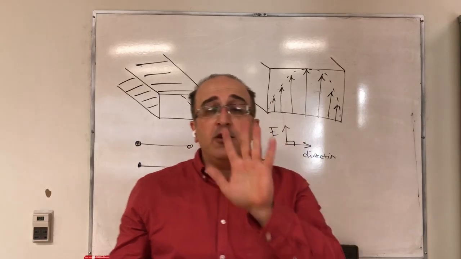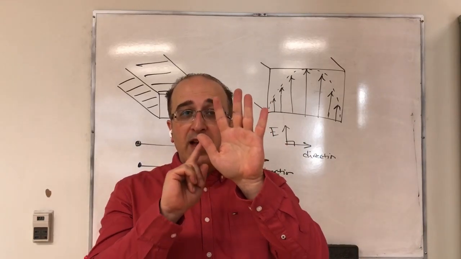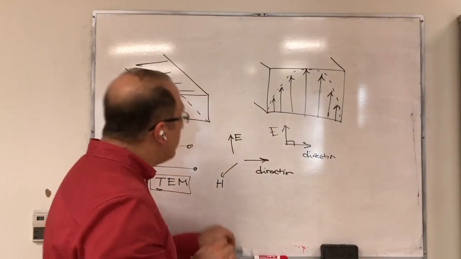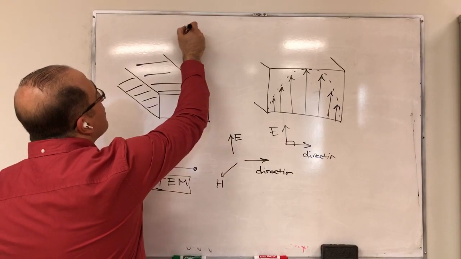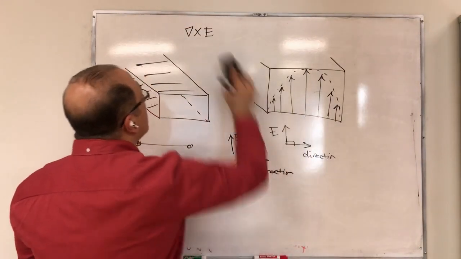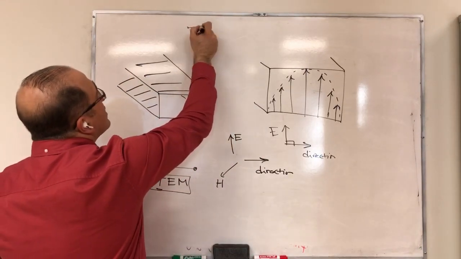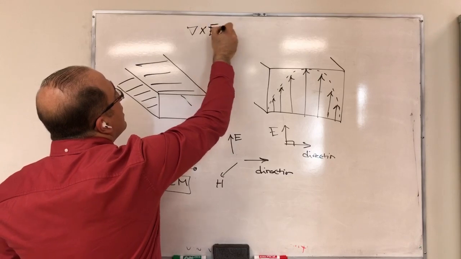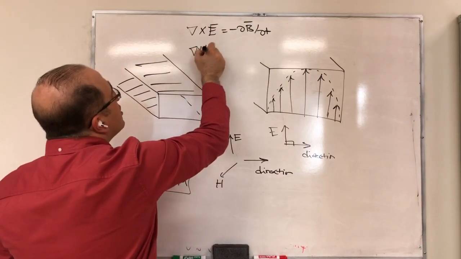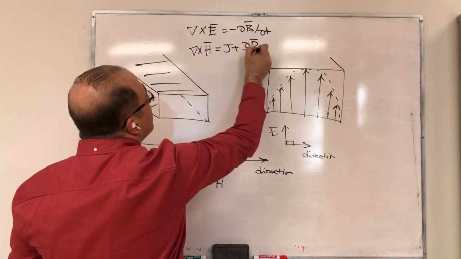But when they do that, remember that because the electric fields are varying, I'm going to have a curl of H around them. So based on Maxwell's equations, let me just write this: curl of E equals minus ∂B/∂t. Curl of H equals J plus ∂D/∂t.